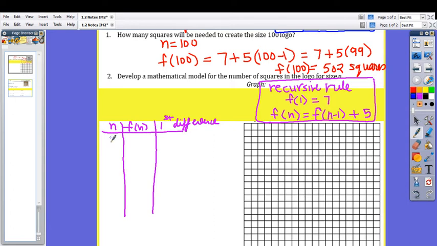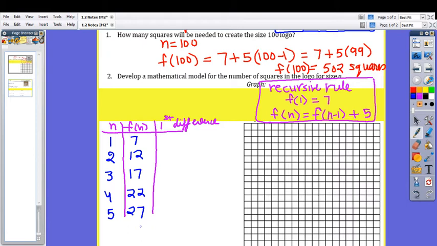So it starts with 1 and there were 7 of them. Then in the second one there were 12 of them. And when it was 3, there were 17 of them. And with the fourth one there were 22 of them. If we do 5, you're adding 5, so that will be 27.